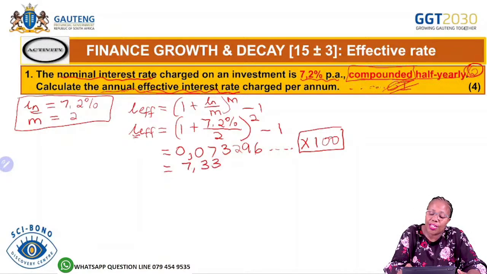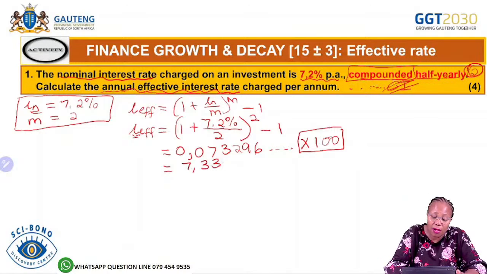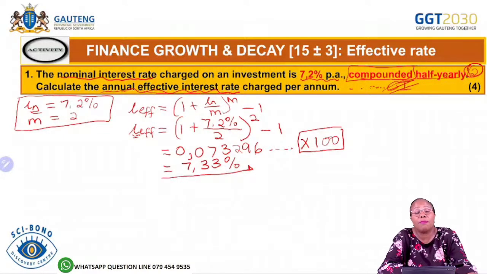If it is not indicated here, you follow the ones on the instruction sheet which says 2 decimal places after a comma. Hence, we can see that we have taken 7.33, then this will be in percentage because you have multiplied with 100. Okay.